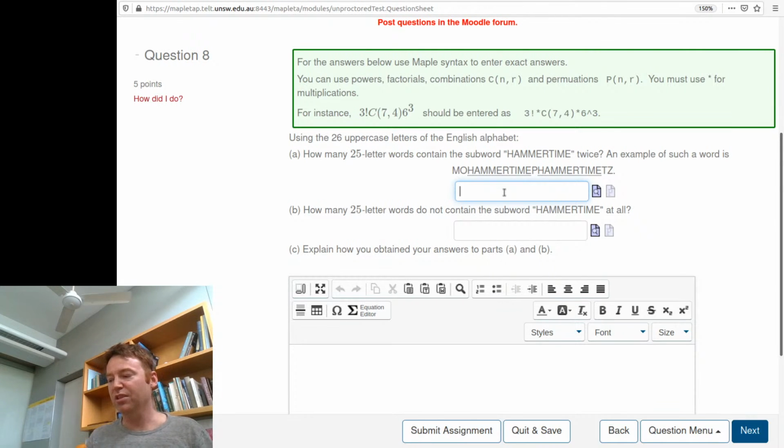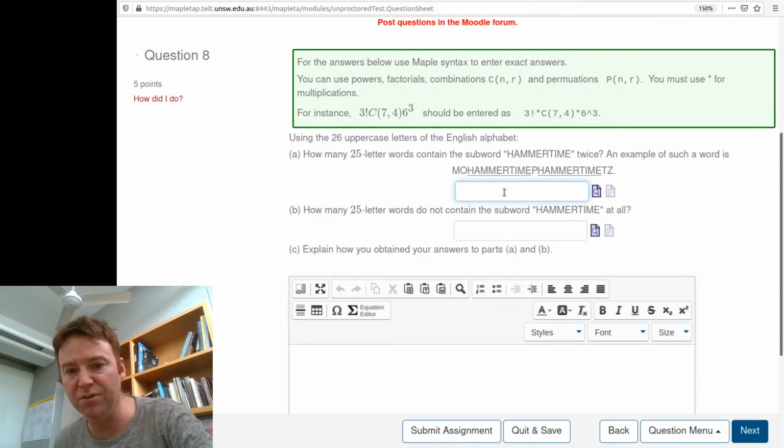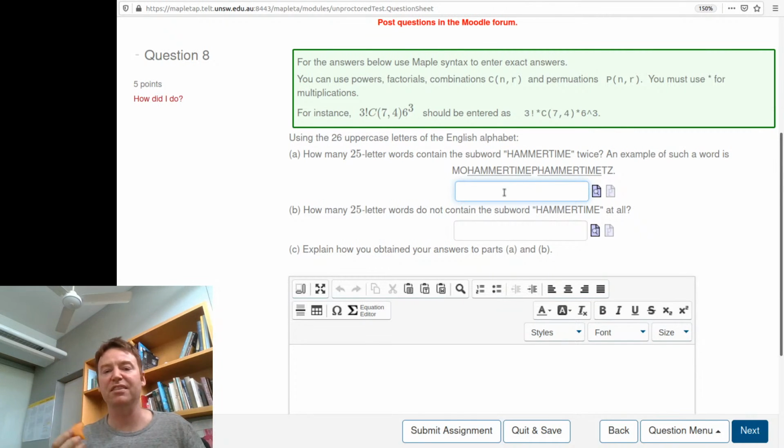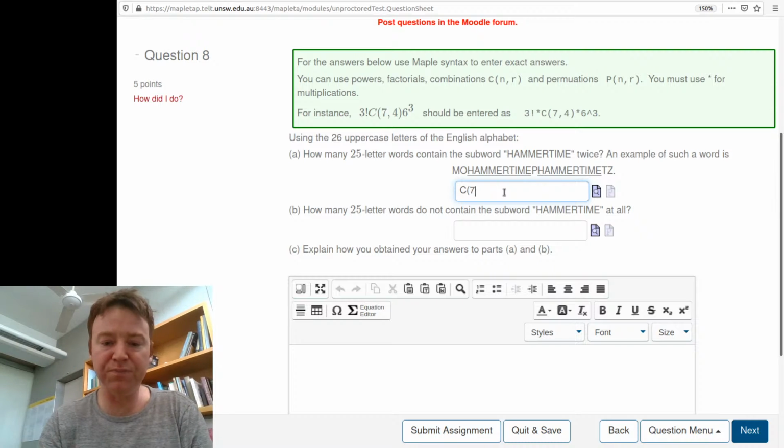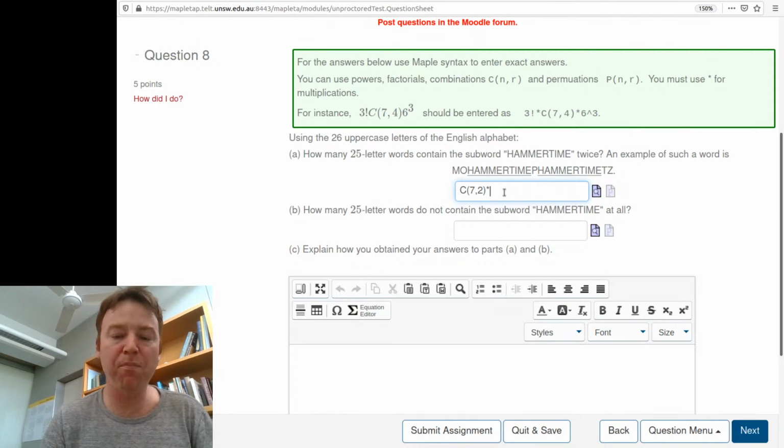So we can choose 2 out of essentially, well, there's 1, 2, 3, 4, 5, 6, 7 places in our word, because the hammer time ones are special ones. So from 7, I'm going to choose 2 places for the word hammer time.